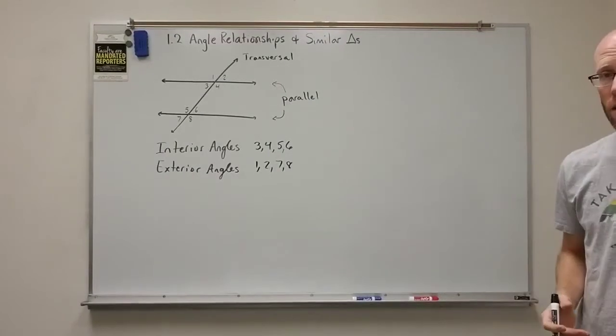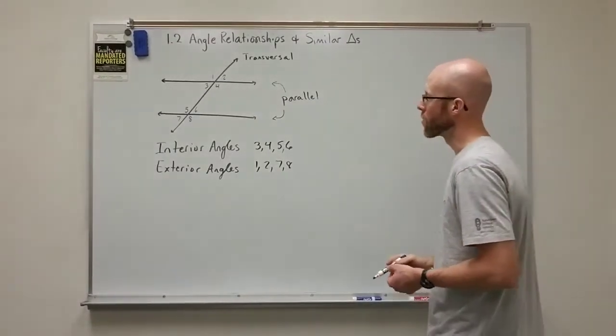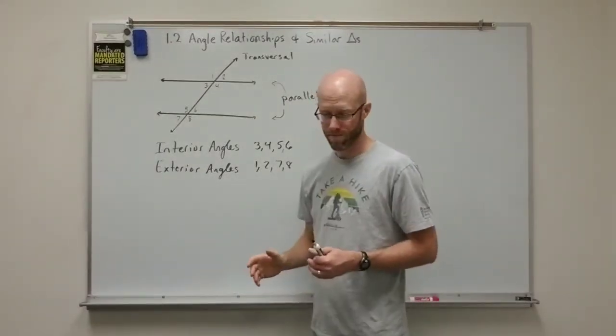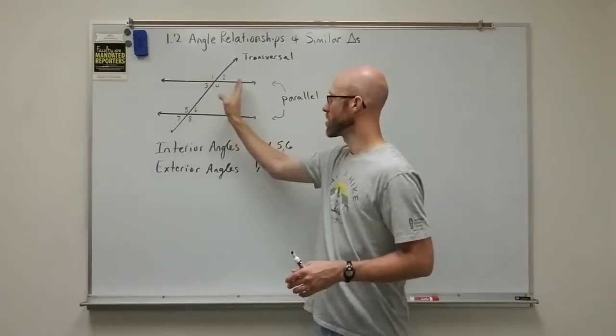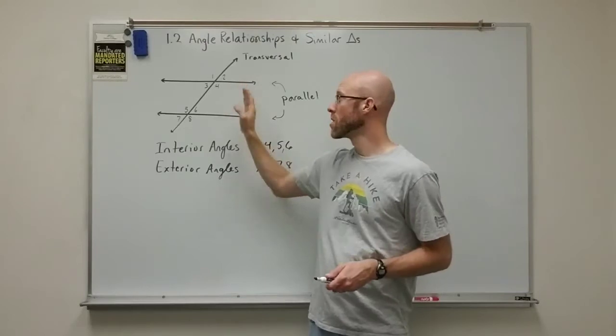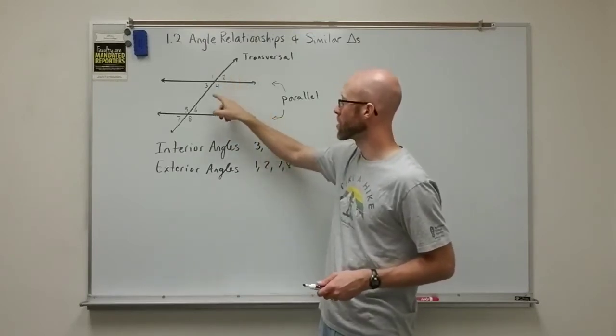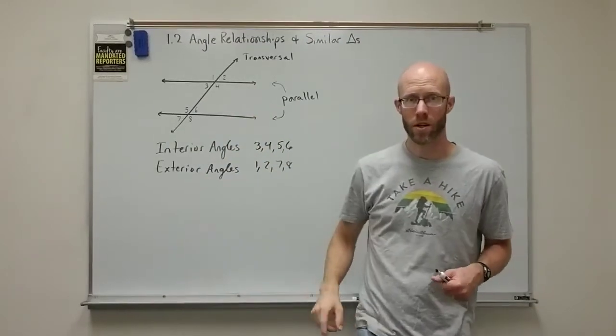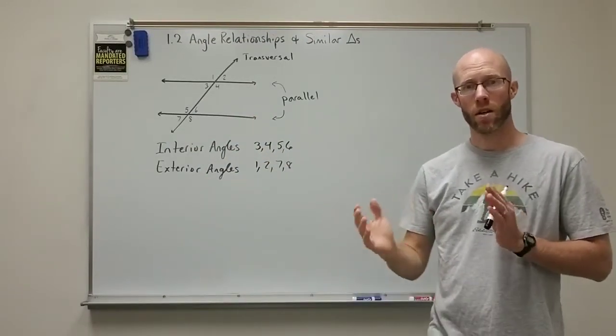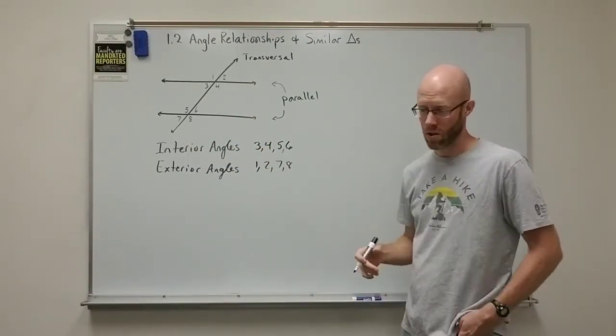There are other types of angles as well. We have the alternate angles. Alternate just means they're on alternate sides of the transversal. So like 1 and 2 are alternate, 1 and 6 are alternate. If they're on each side of the transversal, they're alternate angles.